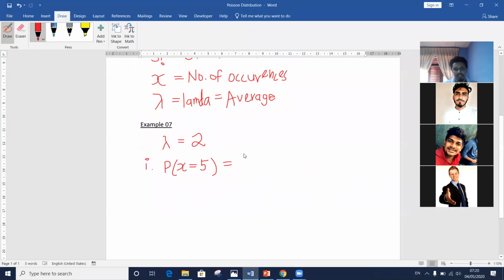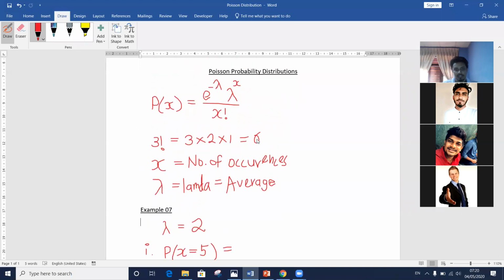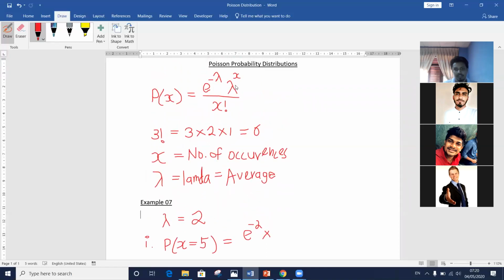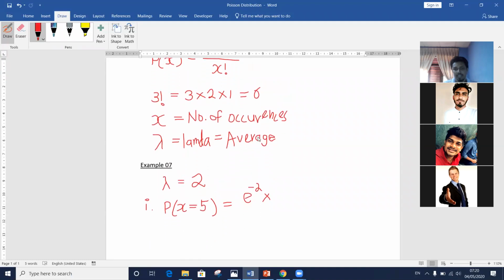Here, e means a constant, right? e is a constant. e to the power minus lambda. The lambda value we have found is 2. e to the power minus lambda, we need to multiply this by what? Lambda to the power x.